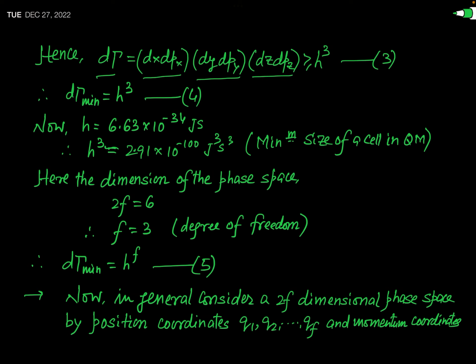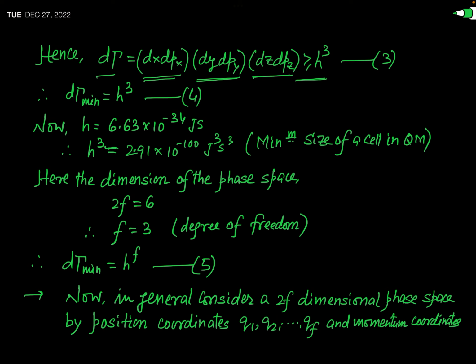According to the Heisenberg uncertainty principle, the product of dx and dpx, the product of dy and dpy, and the product of dz and dpz are each greater than or equal to h. So d gamma, the volume of a phase cell in accordance with quantum mechanics, must be greater than or equal to h cube.